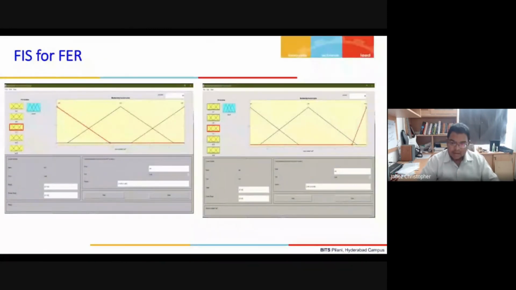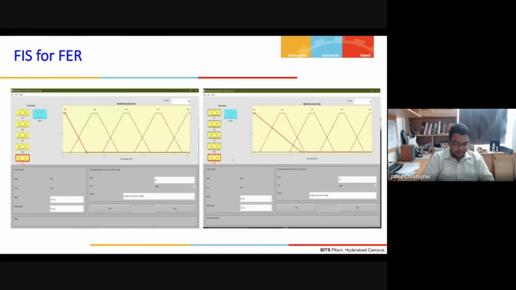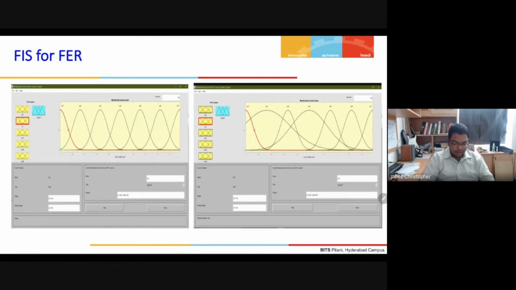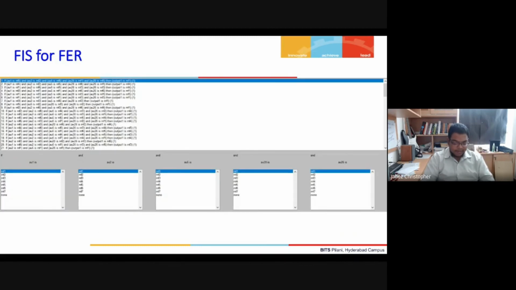Right? I hope it's just to give you a recap of the entire fuzzy inference system. So each of the input variables has different modeling functions, and the modeling is shown over here. Several input variables depend upon how much knowledge you have about the domain, and then you have several rules for each of them.